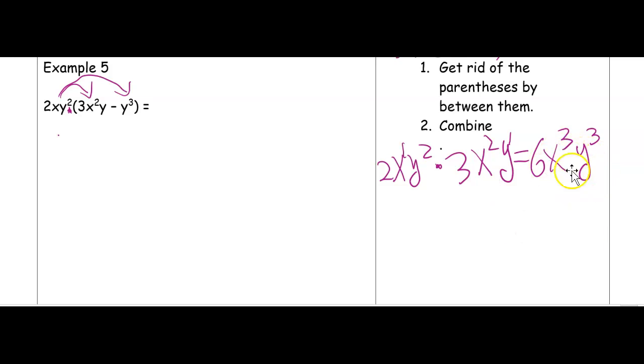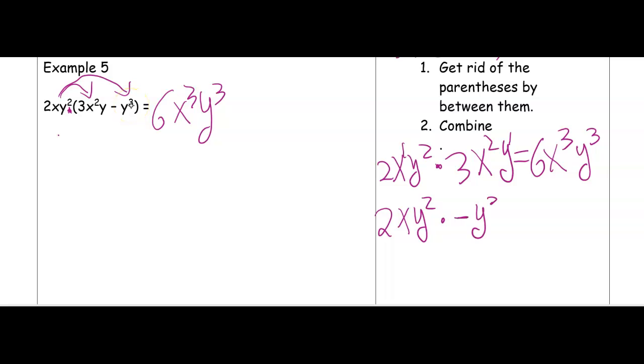So first term is 6x3 y3. Okay. And the second multiplication is the outside guy again times the second guy in the house, which is negative y3. So number part is 2 times negative 1.